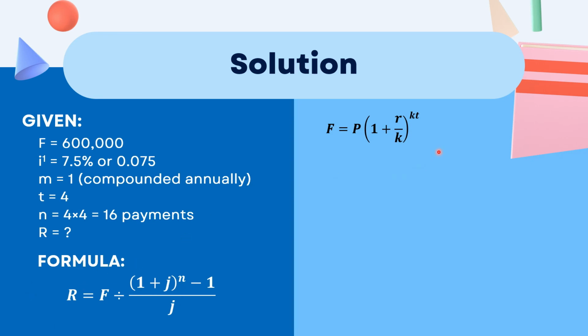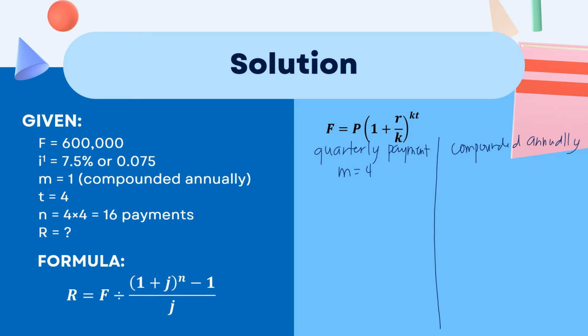Then, again, first step is to get the equivalent rate. So, ang payment po natin is quarterly. Quarterly payment. So, yung ating M is equal to 4. Then, ang ating compounding period is compounded annually.